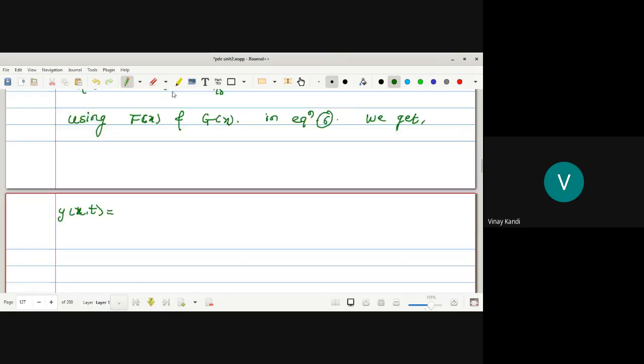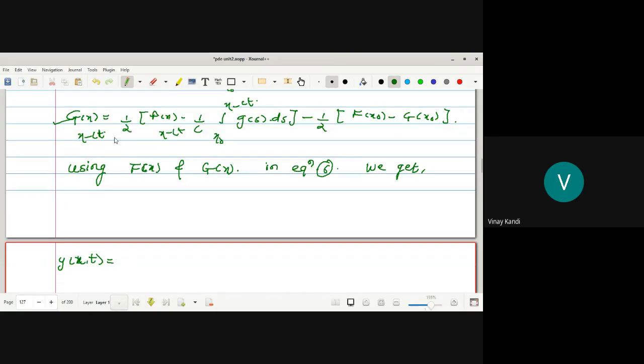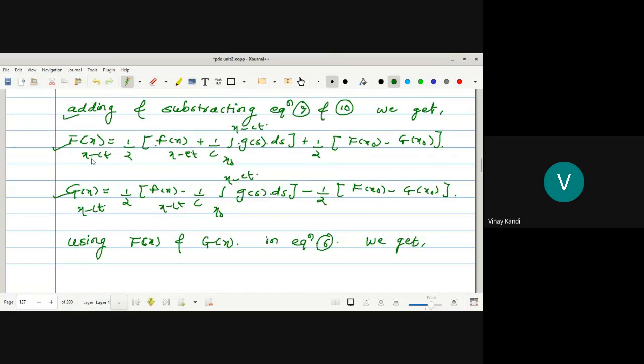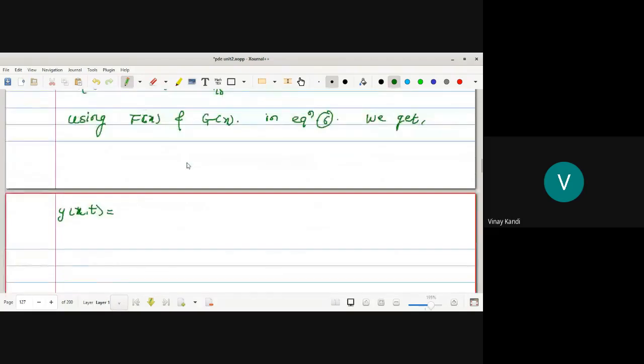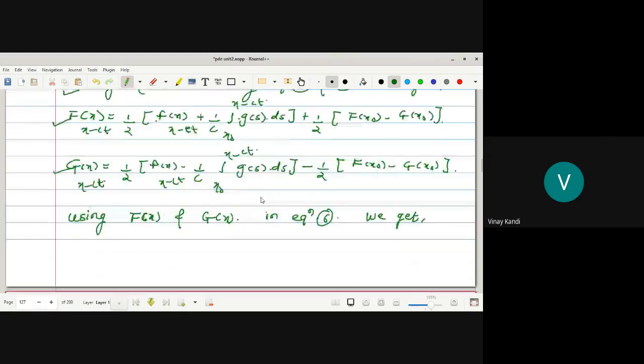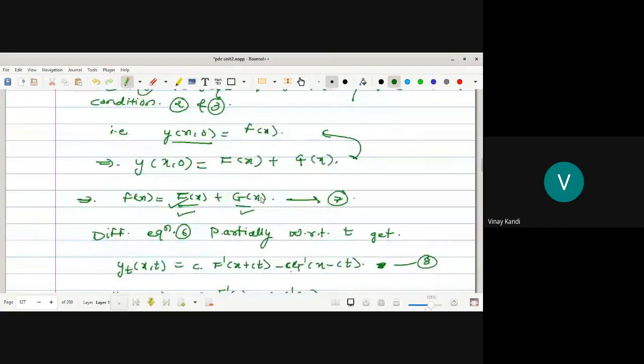Since F of x has come, what will G of x minus ct be? Wherever there is x, x minus ct will come. So y of x minus ct is equal to 1/2 into bracket small f of x minus ct, plus 1/c into the integral from x naught to x minus ct, sorry, f of x plus ct.